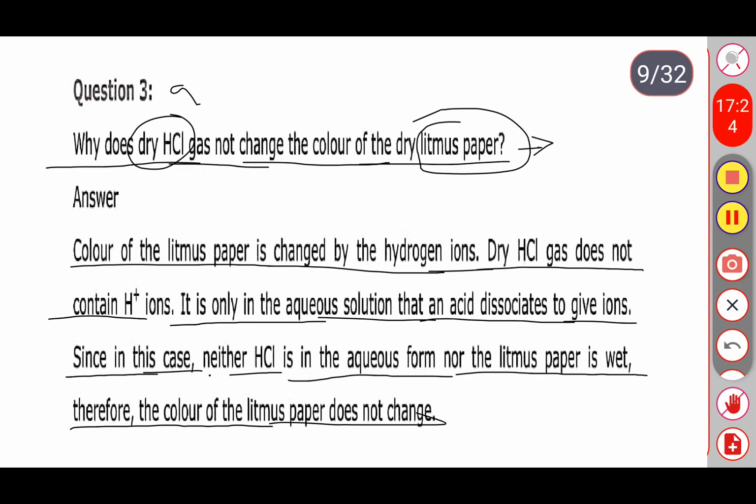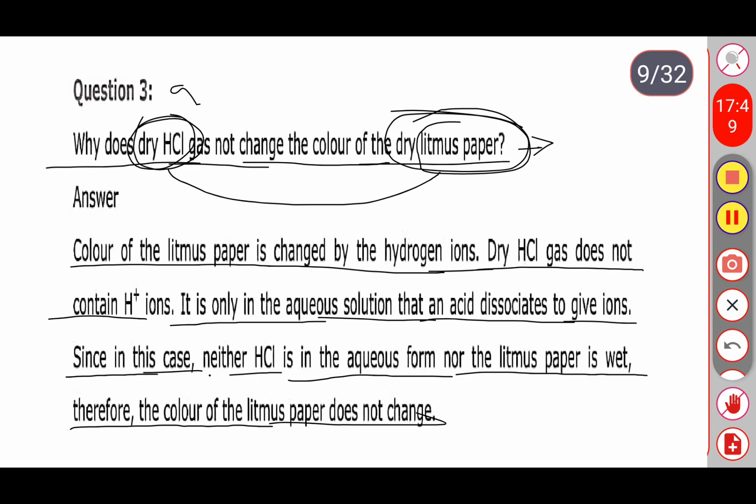If we take two dry substances, they don't have any hydrogen ions. Only once a substance has hydrogen ions will its color change. Okay, so see the next question.